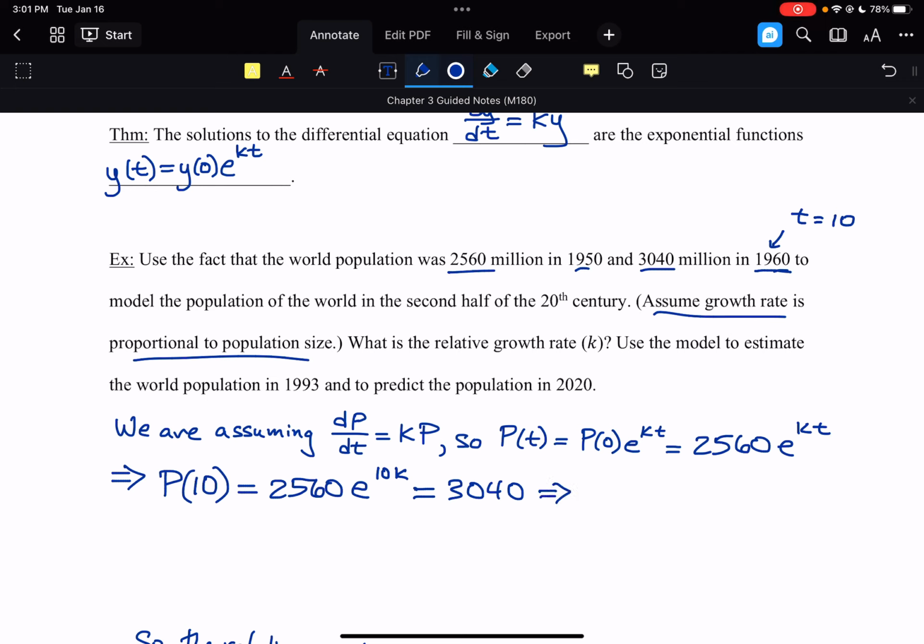So from there, we go ahead and divide that through. So that's e to the 10k equals 3040 over 2560. From there, we take the natural log of both sides so that we can get rid of this e. That leaves us with 10k equals ln of this number.